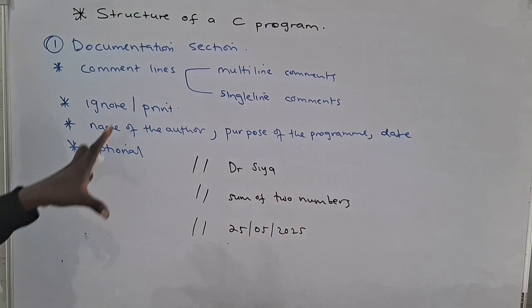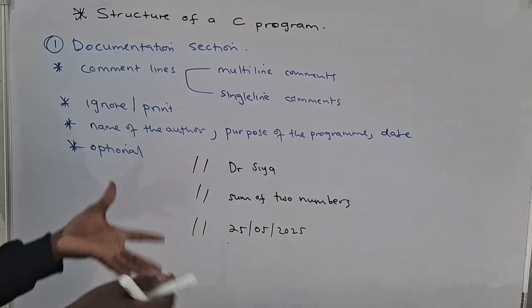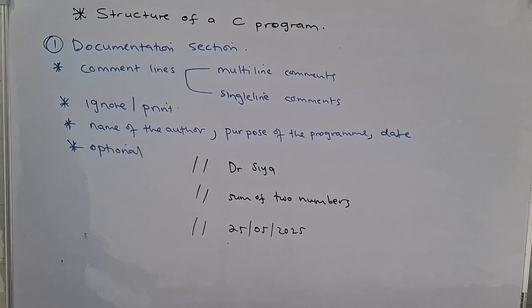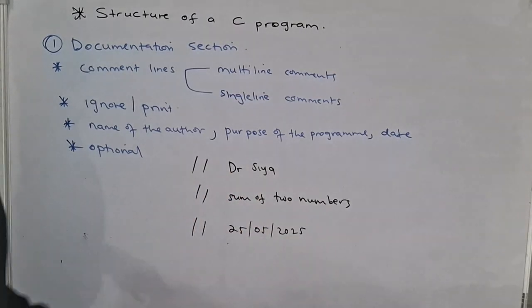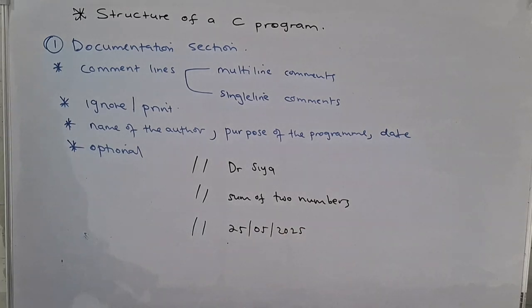If I open my project file after 20 or 30 years, I can easily recover the details. I'm the one who has written this program. This program is finding the sum of 2 numbers. I wrote this program on 25 May 2025. Is this clear?